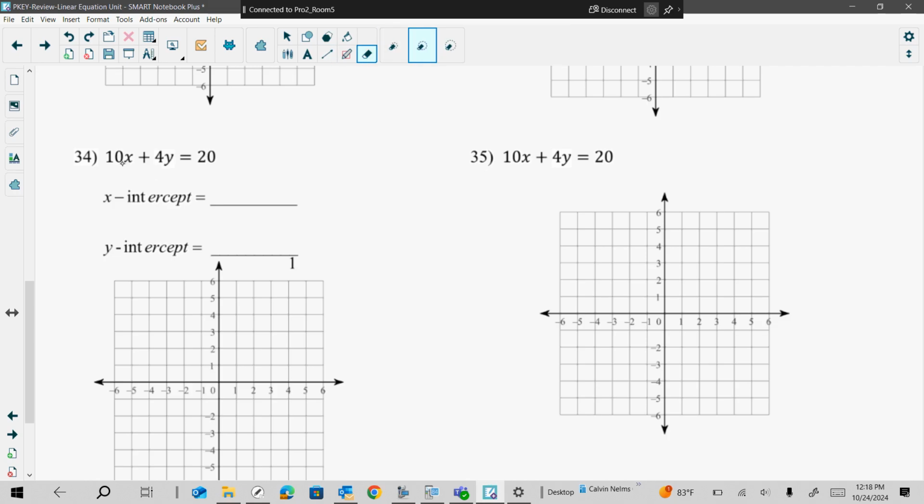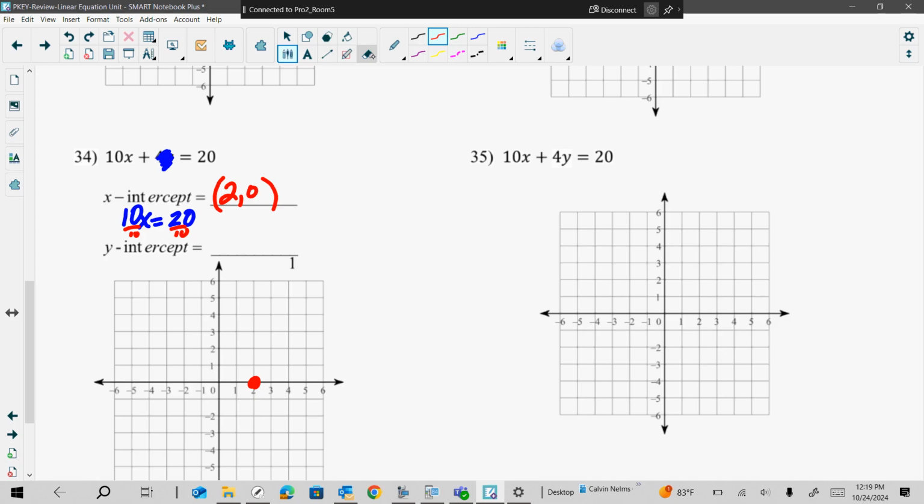If I'm trying to find the x-intercept, this y term is gone, and really what I have is 10x equals 20, and I'm solving for x. So you would divide by 10. So here the x-intercept would be 2, 2 comma 0.